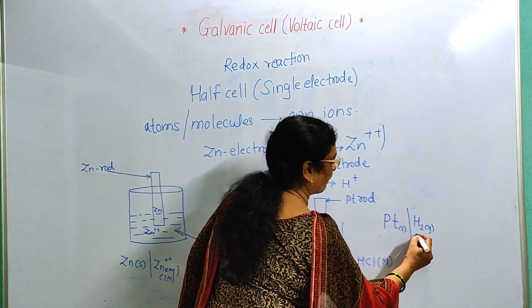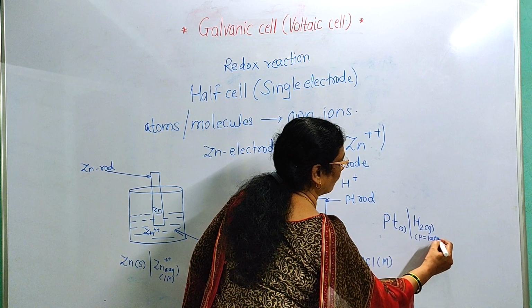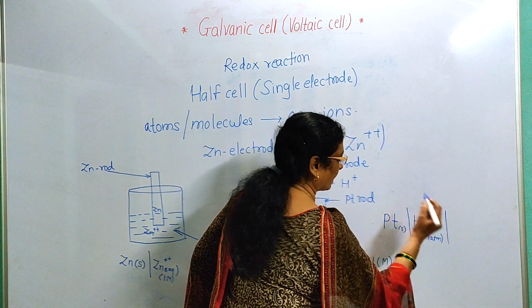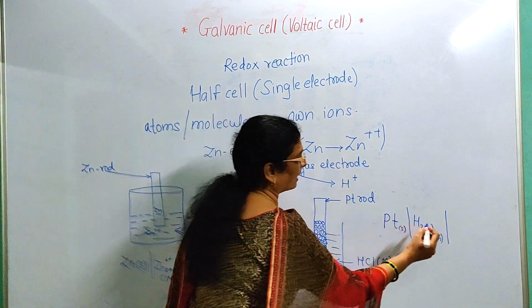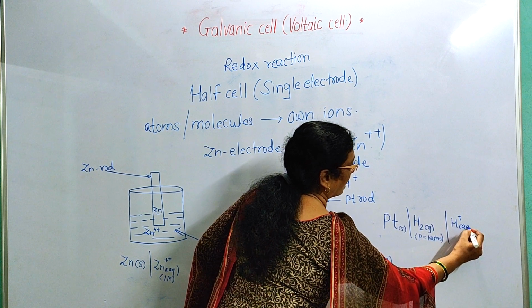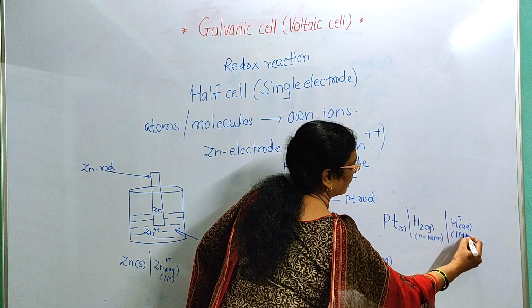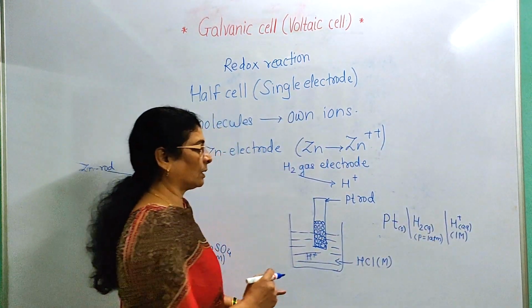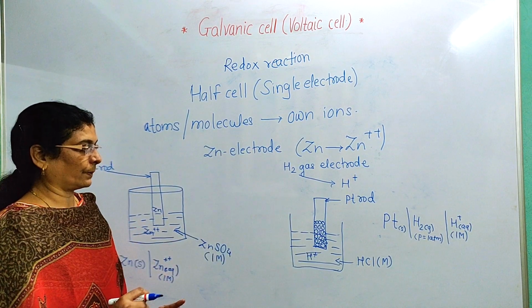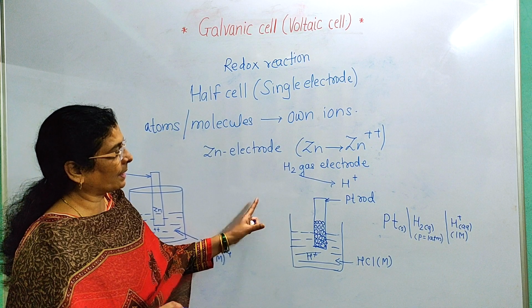For gas, pressure is important, so you have to represent the pressure also in brackets. After that, again a single vertical line. These H2 molecules are in direct contact with H+ ions. These H+ ions are in the form of aqueous solution, and here the concentration of the solution. This is the representation of the hydrogen gas electrode.